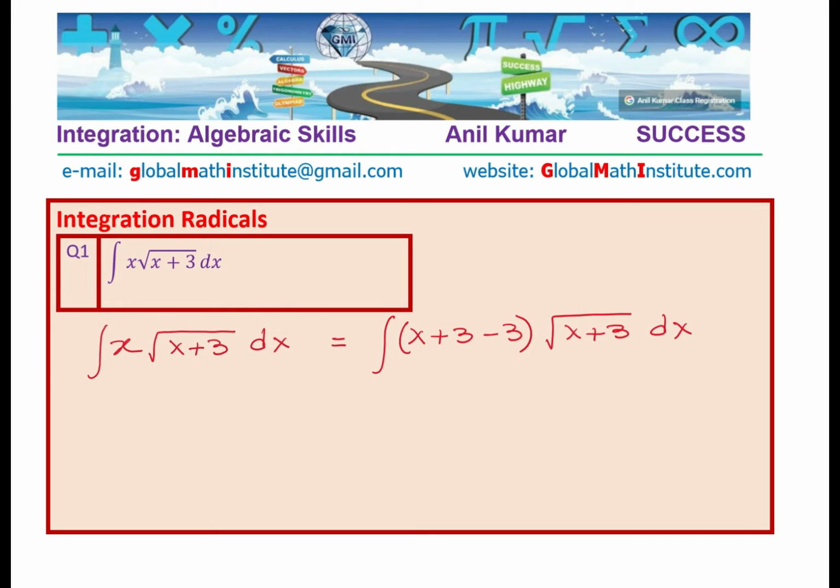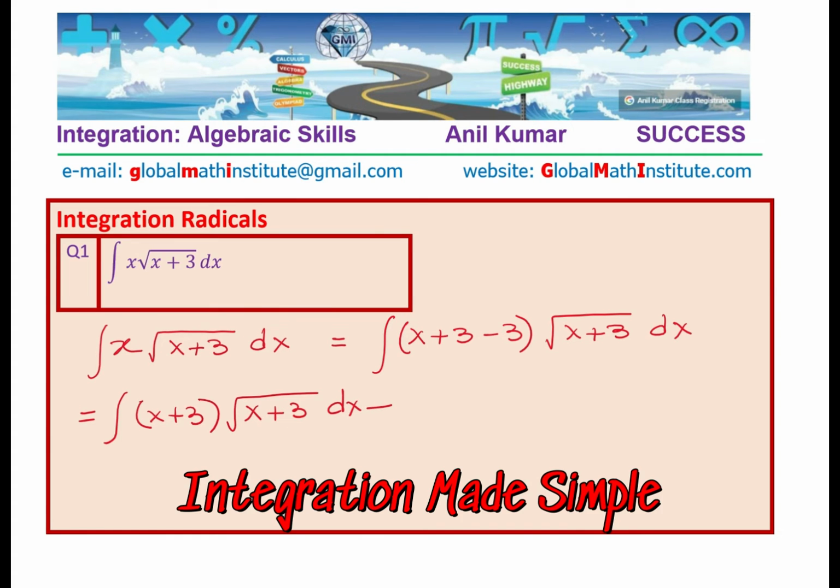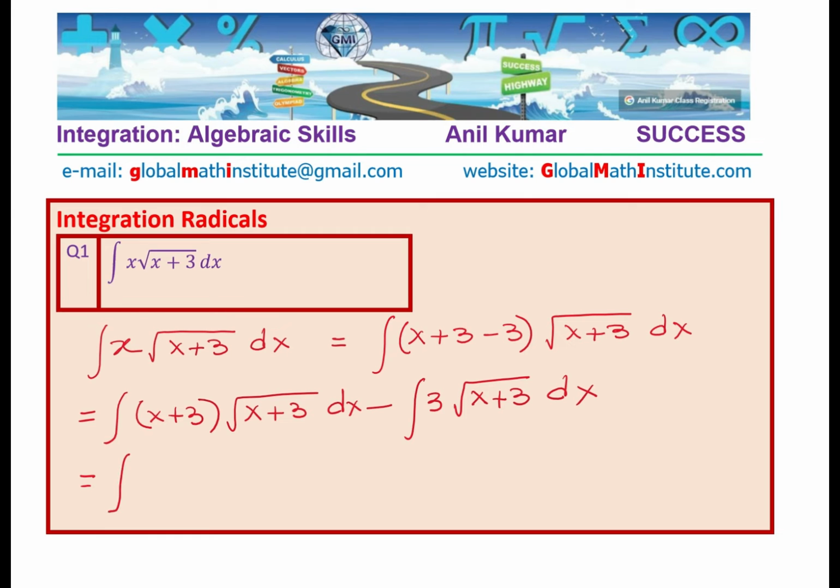Now we can split it into 2 different terms. We can write this as square root of x plus 3 times the square root term x plus 3 dx, right? And the second one as integral minus 3 times square root of x plus 3 dx. Makes sense, right? So with this, we can actually simplify the expression very easily and then use power rule.